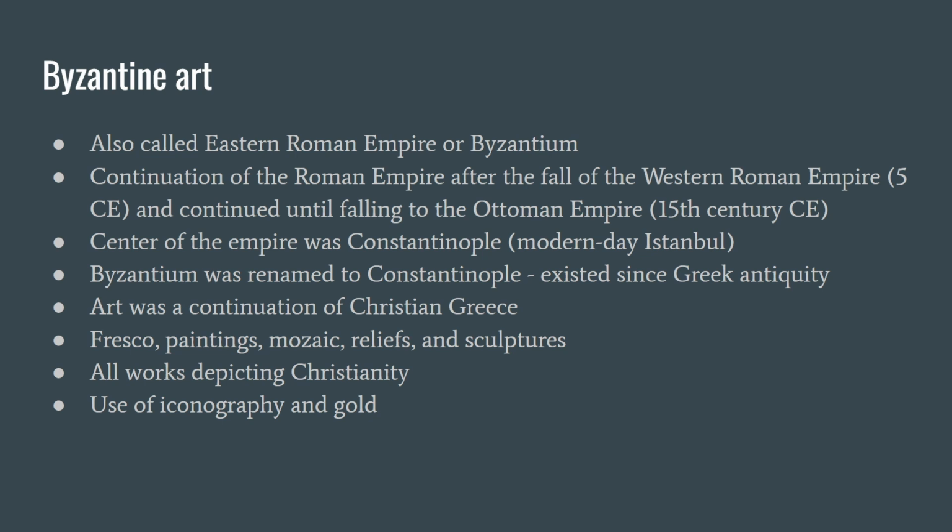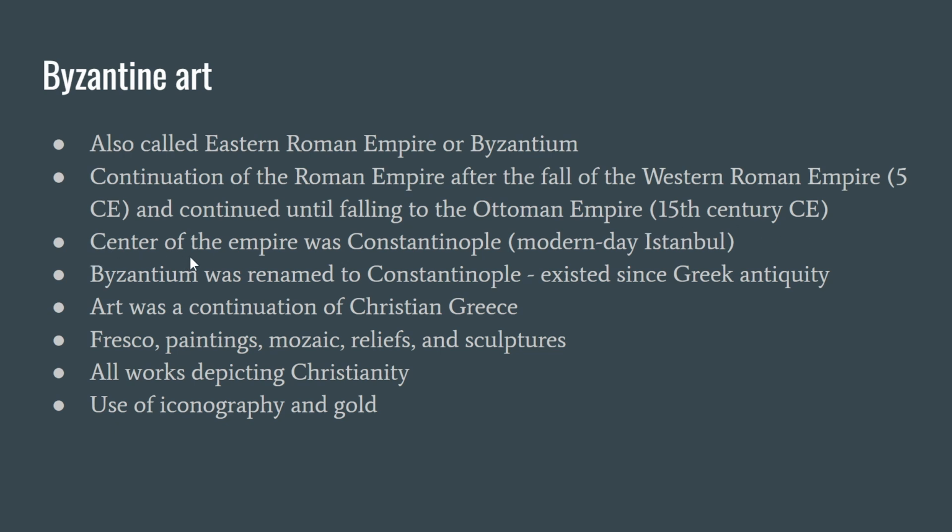And we're going to take a look later, but the medieval period, until the Renaissance period, is also known as the Dark Ages, and we'll be taking a look at that later on. So the Eastern Roman Empire, or Byzantium, continued until falling to the Ottoman Empire. The Turks came and then conquered them in the 15th century CE. So they lasted a pretty long time.